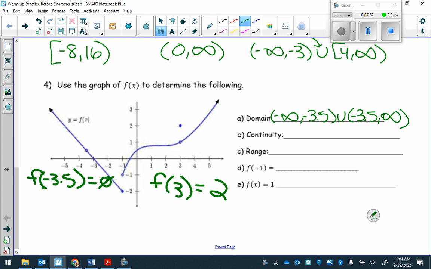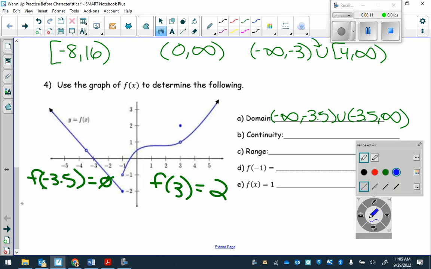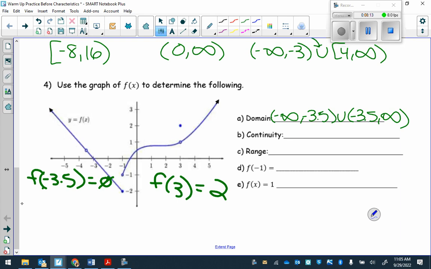Okay? Which I'll go back to show you in a minute. So for the intervals of continuity, everywhere we see a hole and or a break, even though there's a point here, we are going to include it. Okay? So we have negative infinity to negative 3.5.